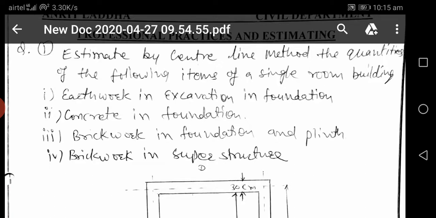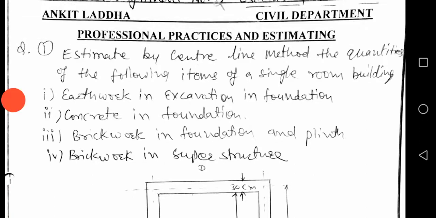So this question is solved by centerline method, and the question is: estimate by centerline method the quantities of the following items of a single room building. Following quantities are calculated. First one is earthwork in excavation in foundation, second one is concrete in foundation, third one is brickwork in foundation and plinth, fourth one is brickwork in superstructure.